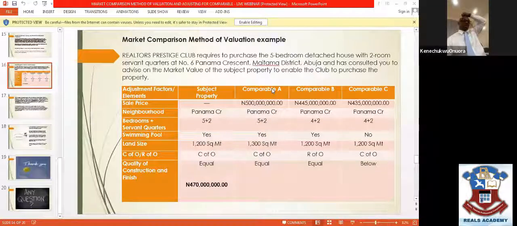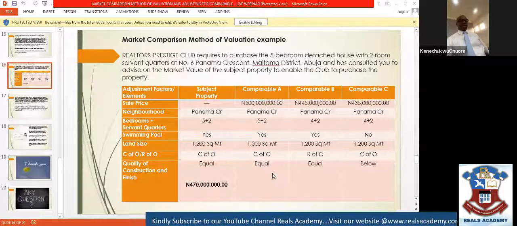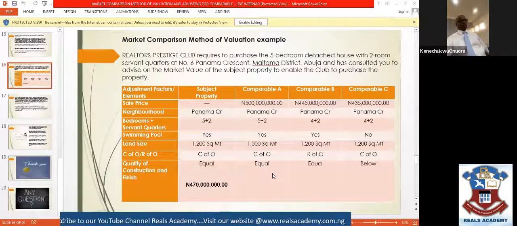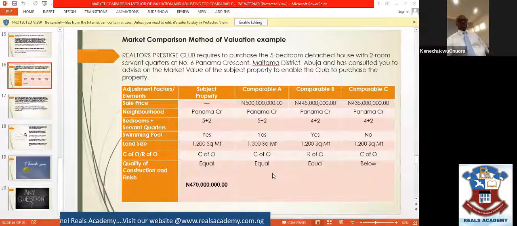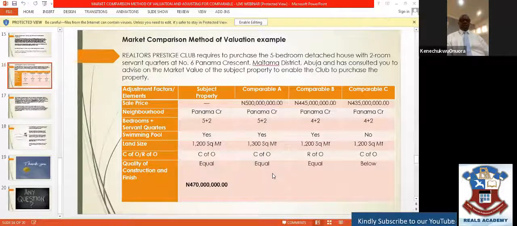The subject property has a swimming pool and it's equally 5 rooms with a 2-room BQ. What is the land size? 1,300 square meters. The subject property has 1,200 square meters. Comparable A has a C of O, and the subject property has a C of O. Quality of construction and finish is equal. So if we go to comparable B, the difference is the sale price.